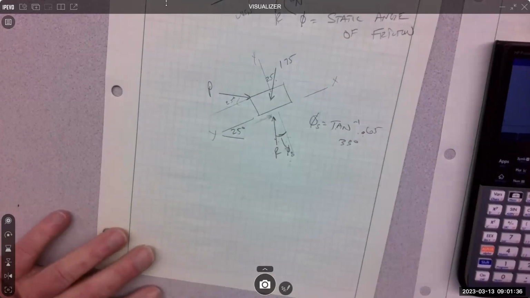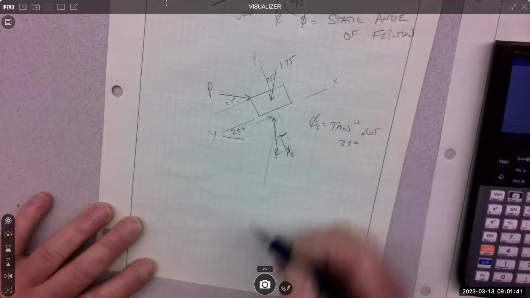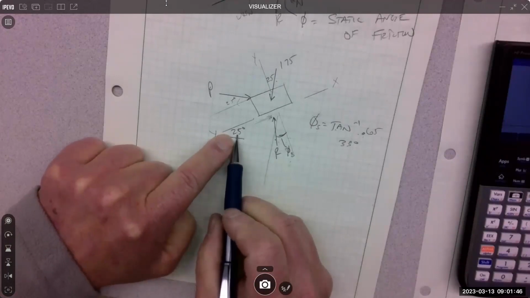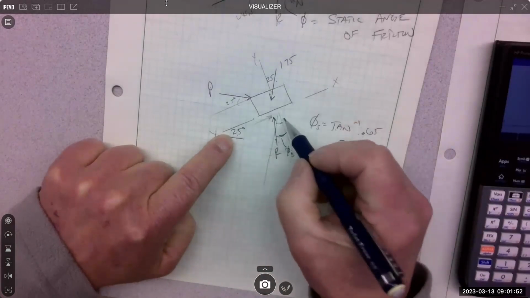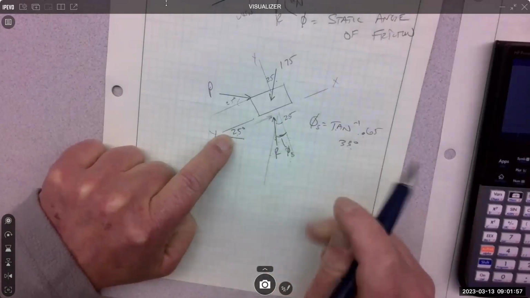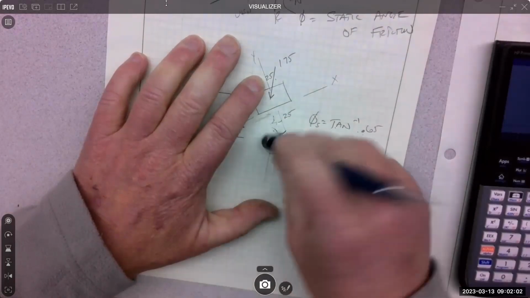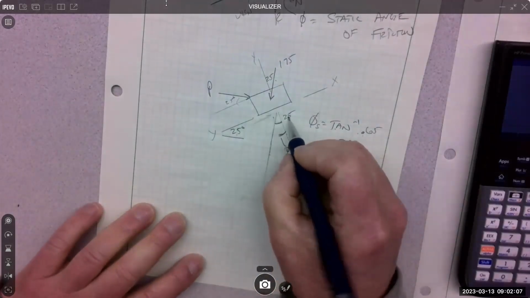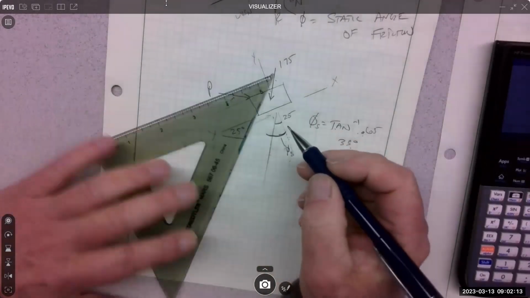So you've got to be super careful because vertical downwards is the same as this, 25. Between N and vertical is 25. If between R and N is 33, then R can't be here. It's got to be greater than the 25. So if that's 25 and the static angle is 33, then R is out here somewhere.